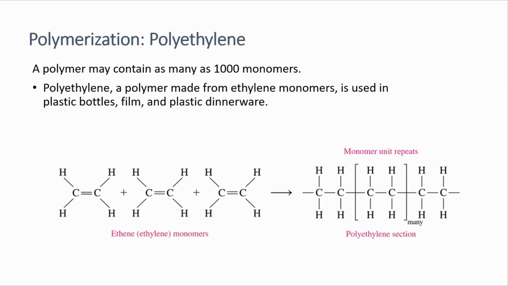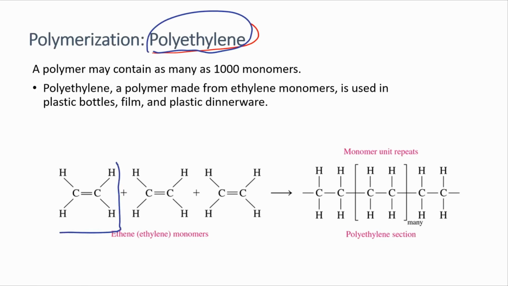Let's take one example, the polyethylene polymer. This is the polymer that forms by adding ethylene, or ethene, which is given here. This is the monomer unit. By adding up multiple units of ethene, it will end up as a polymer called polyethylene.